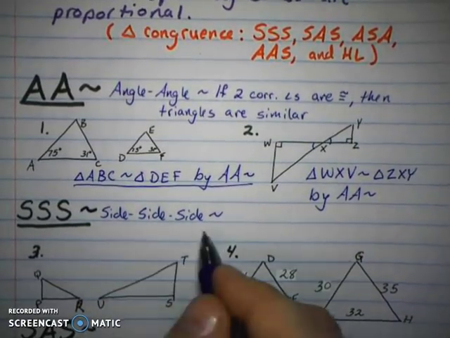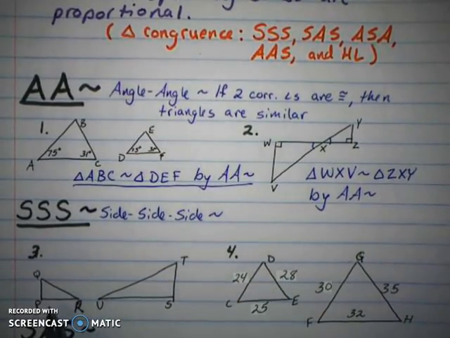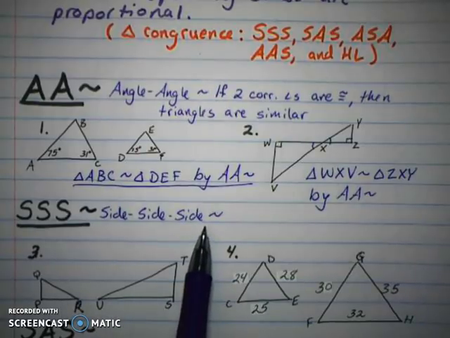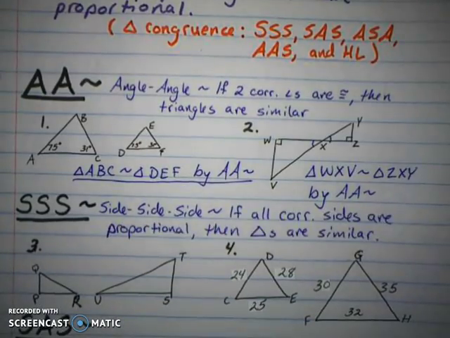For side, side, side similarity, remember, similar triangles will not necessarily have the same size, so we don't want to say that all three pairs of sides are congruent to their corresponding sides. We need to remember that in similar triangles, sides are proportional. So here's what we're going to say. If all corresponding sides are proportional, then the triangles are similar.